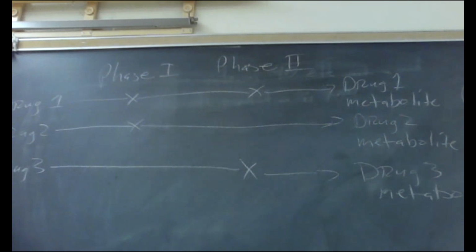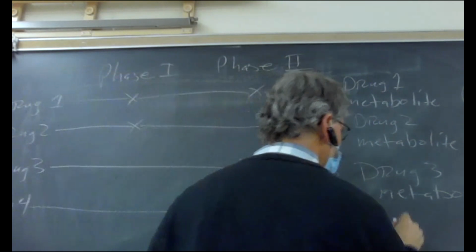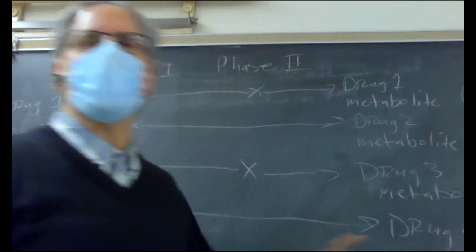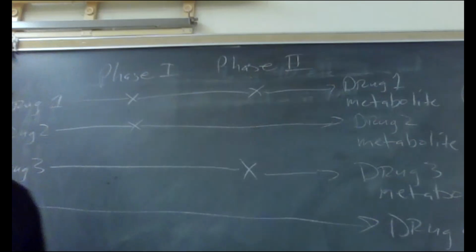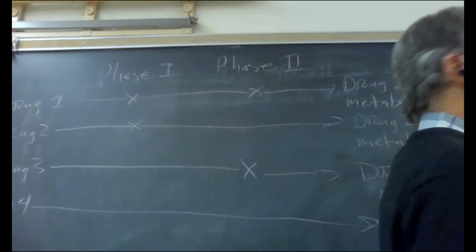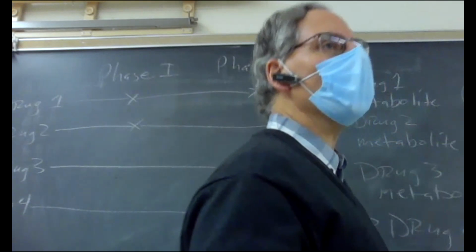And then you have drug 4. Drug 4 may bypass the whole thing and just be excreted as is. And that happens too. So drugs are different when it comes to which of these they participate in. Many of them participate in both.